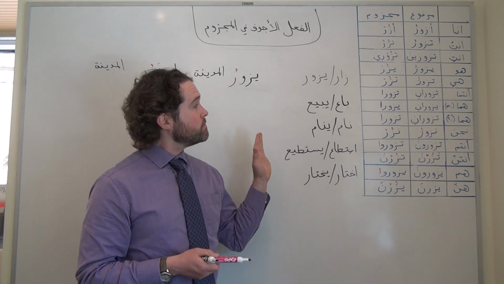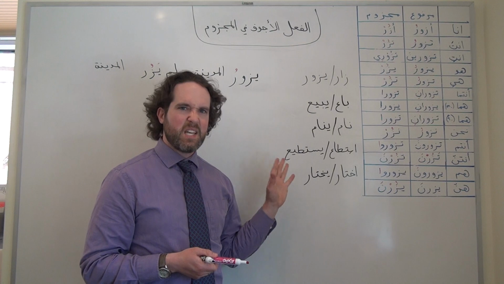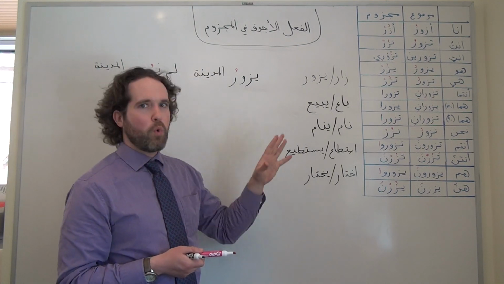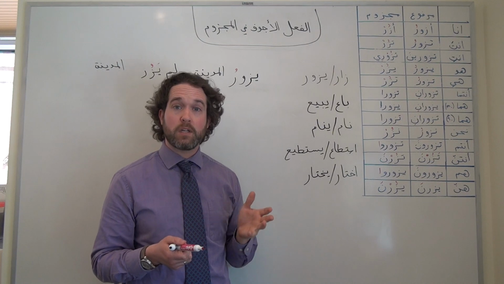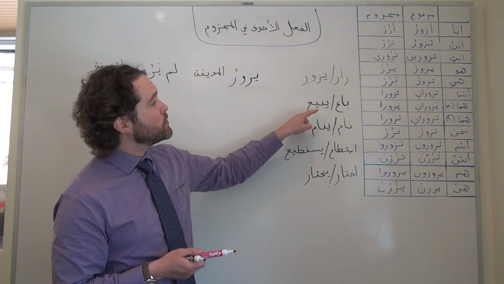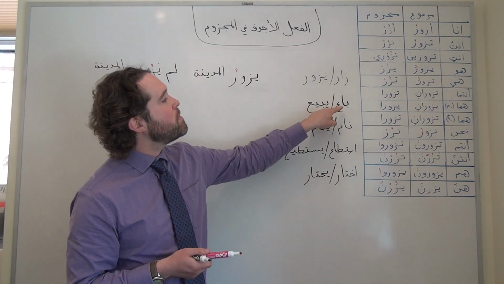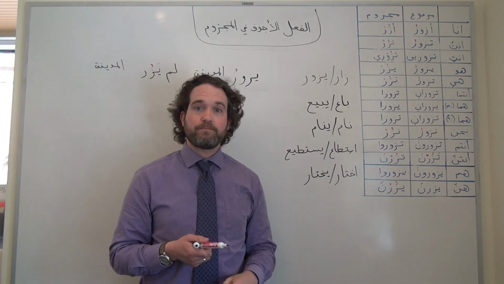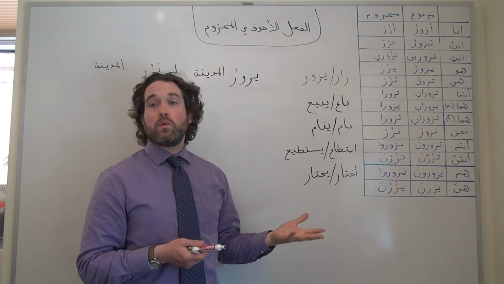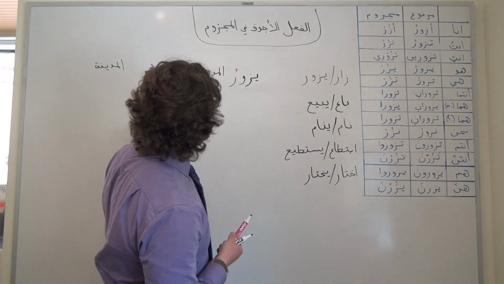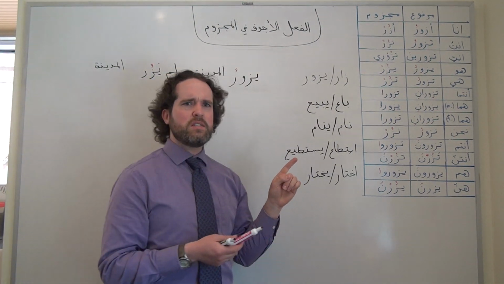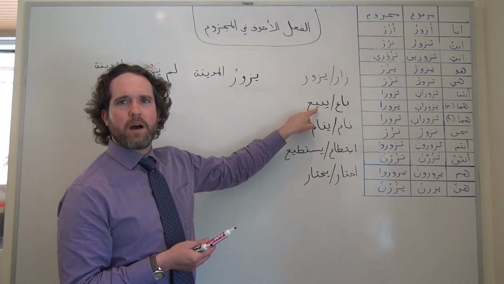The same idea, the same principle, the same order of operations works for any other hollow verb that we're going to conjugate in majzoom. So if we wanted to use ba'a, yabi'a, instead, we could do the same thing. We would just need to make sure that that short vowel substitute matches the long vowel sound.